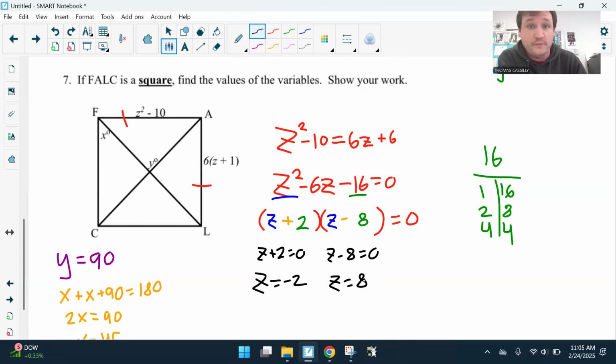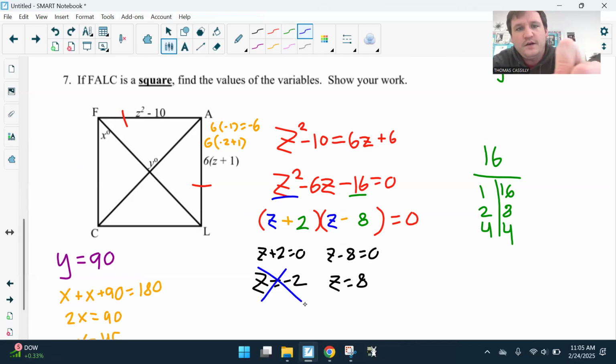So we have to figure out which one of these is going to work and which one is not going to work. Sometimes they both work, sometimes none of them work. So let's plug it in. 6 times -2 plus 1 is 6 times -1, which is -6. You can't have a negative side length, so z equals -2 is out. Don't erase it, just put an X through it.